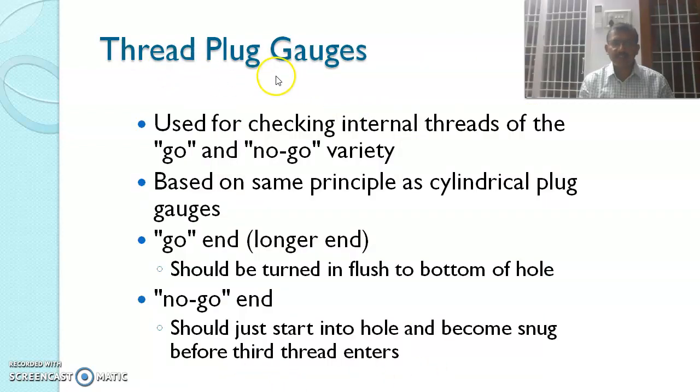Thread plug gauges are also available, used for checking internal threads, of go and no go variety. They are used to measure hole diameters, based on the same principle as cylindrical plug gauges. The go end is the longer end and should be turned in flush to the bottom of the hole. The no go end should just start into the hole and become snug before the third thread enters.